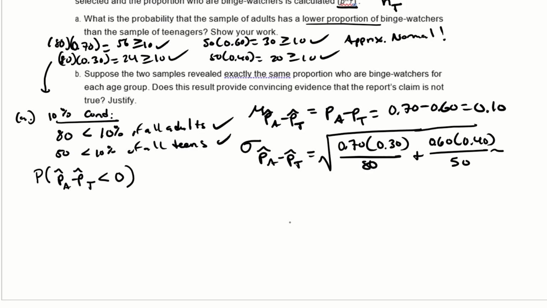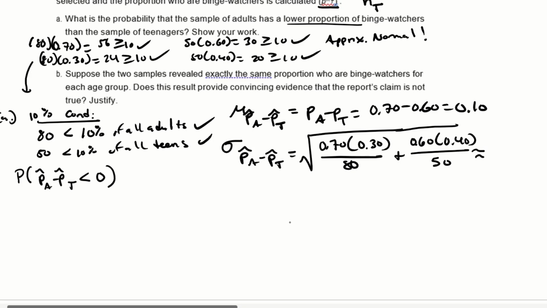Okay, so the standard deviation for just this population is 0.086. Okay, for this example here. So we got 0.10 for the mean, 0.086 for that.